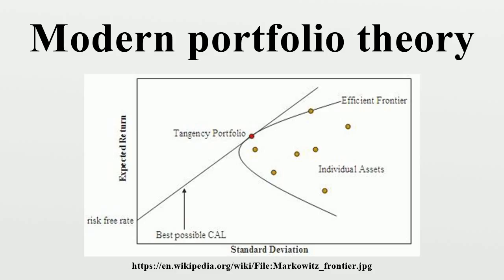Asset pricing. The above analysis describes optimal behavior of an individual investor. Asset pricing theory builds on this analysis in the following way.